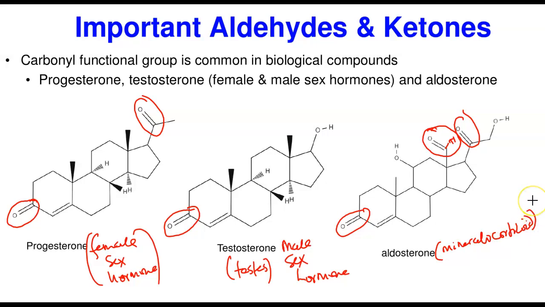It is a steroid hormone that regulates the water and salt balance in the body. It is produced in the adrenal cortex, where it responds to changes in both electrolyte and water balance in the body. That is exactly what it does.